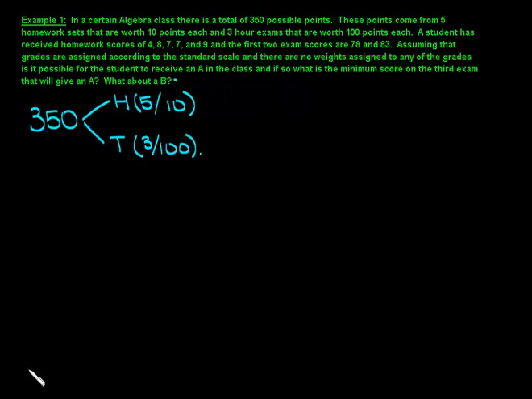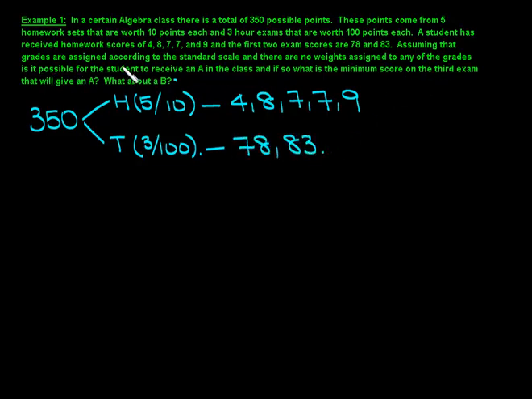I'm just writing down roughly what they've given us. Okay, a student has received homework scores of 4, 8, 7, 7, and 9 on the homework. And on the 2 tests they've scored 78 and 83.